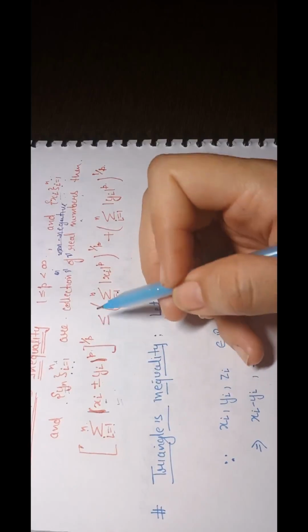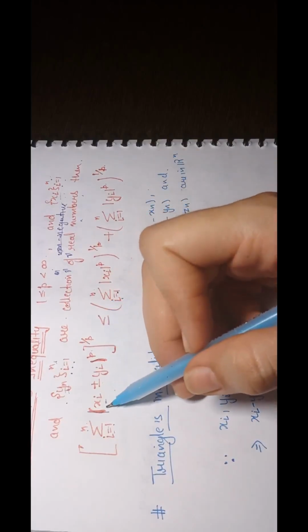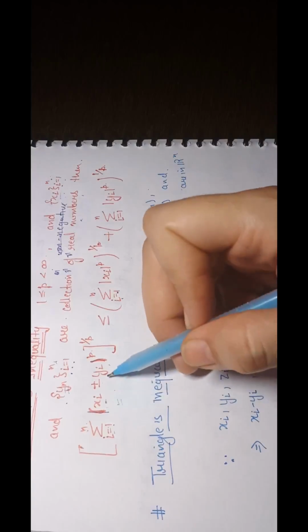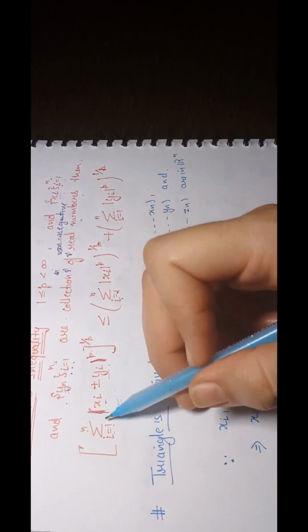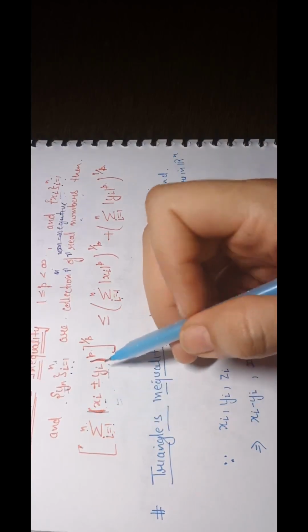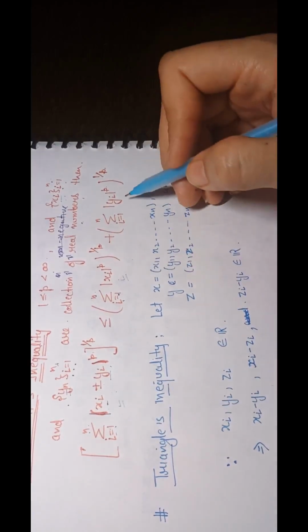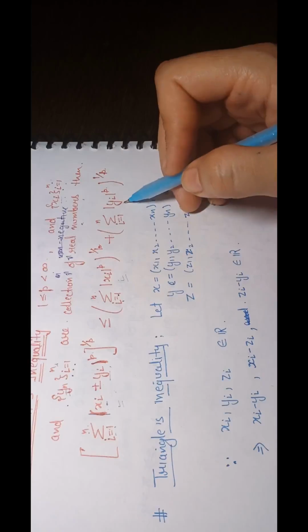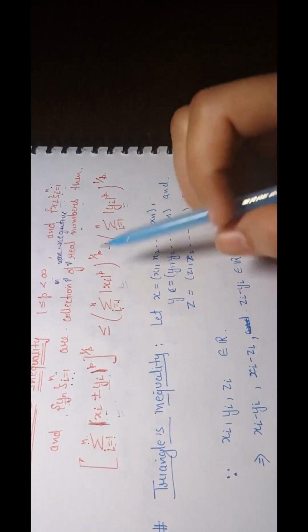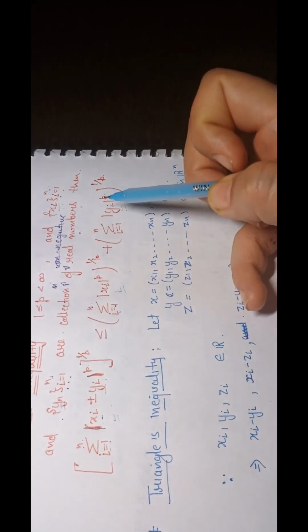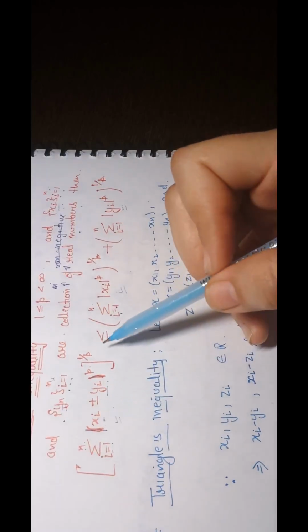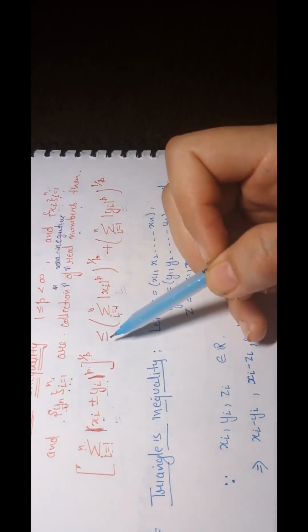You can just see it as, if you have this condition, you can separately write x and y under the summation sign. Once you can write modulus of xi, and the second time modulus of yi. You can separate these two. That will make this inequality easier to remember.